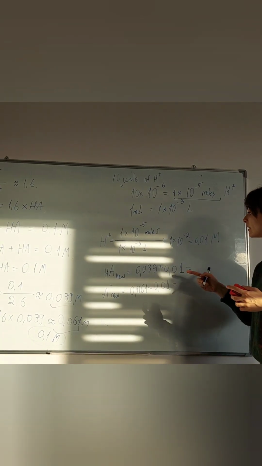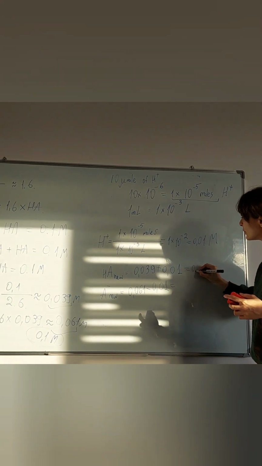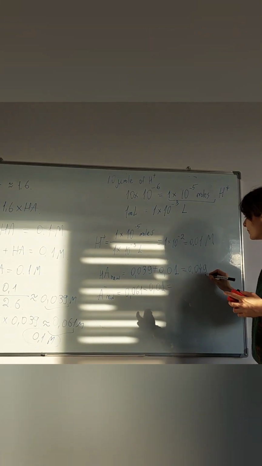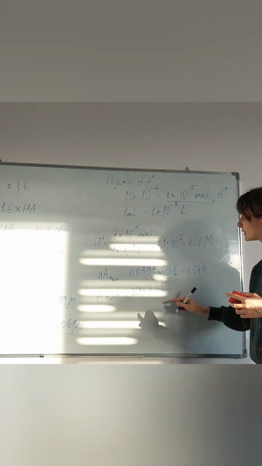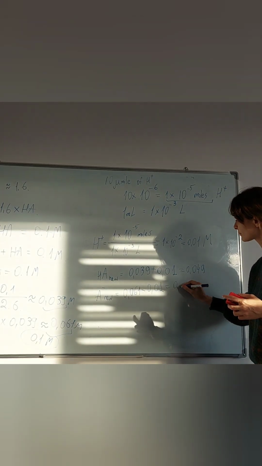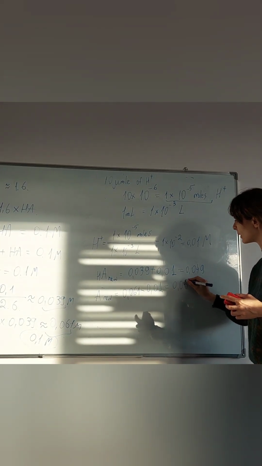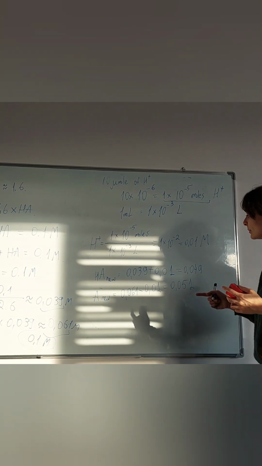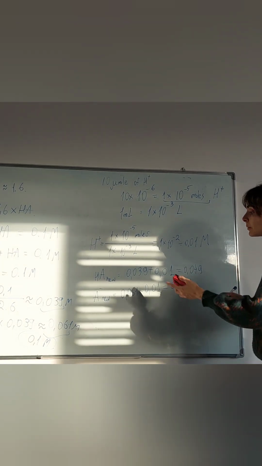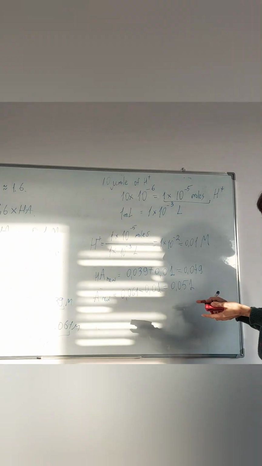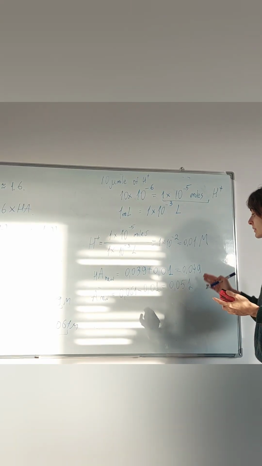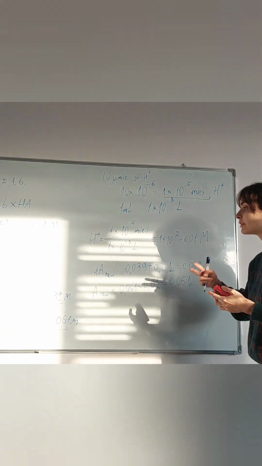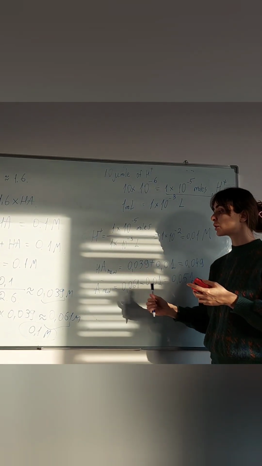So the final result here is 0.049, and here we will have 0.051, and if you sum them up again, the total will still be 0.1. It is very important that the molarity stays the same; we just change the levels of the weak acid and the conjugate base.